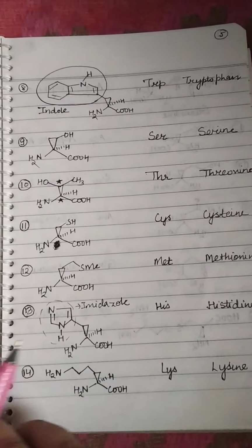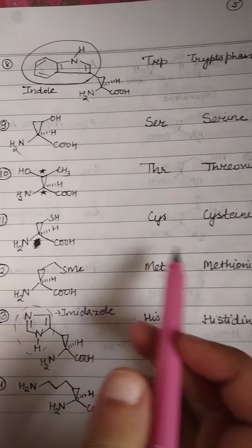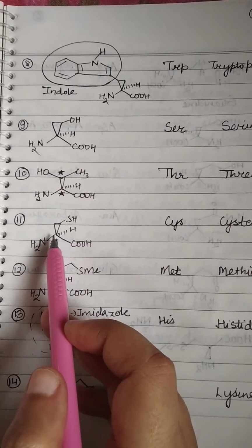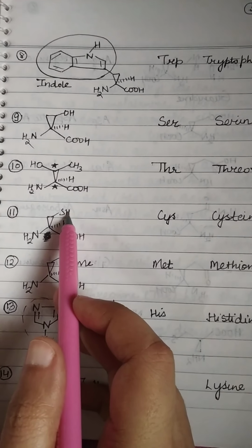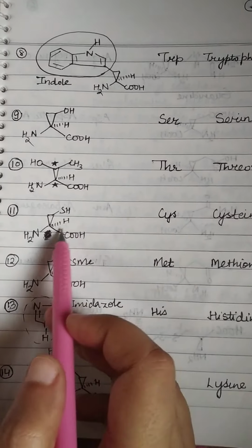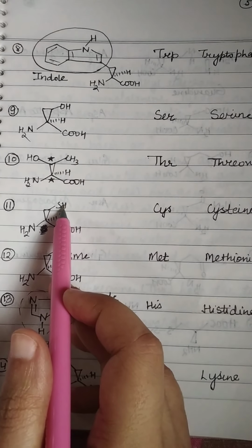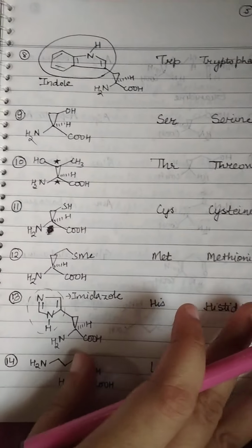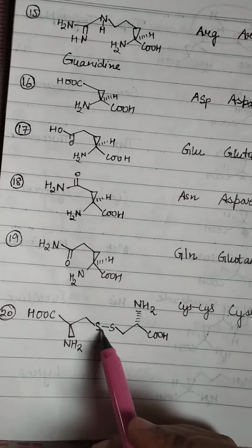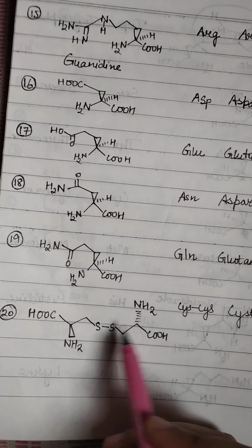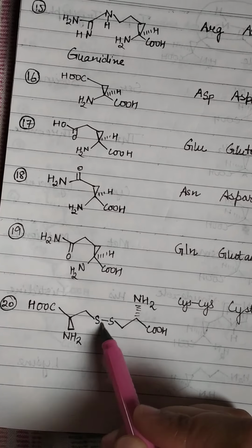Like you can see the cysteine molecule, the cysteine molecule is this one. Here the R group was CH2SH. So if we attach another cysteine group, the hydrogen atoms will be replaced and there will be a bond between the two sulfur atoms. So here the bond is between two sulfur atoms, and this molecule is of cysteine and this molecule is also of cysteine.